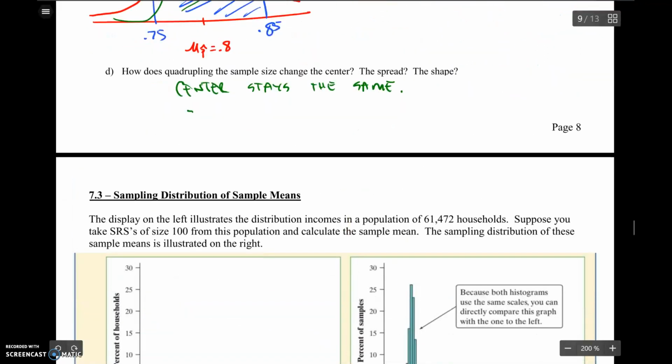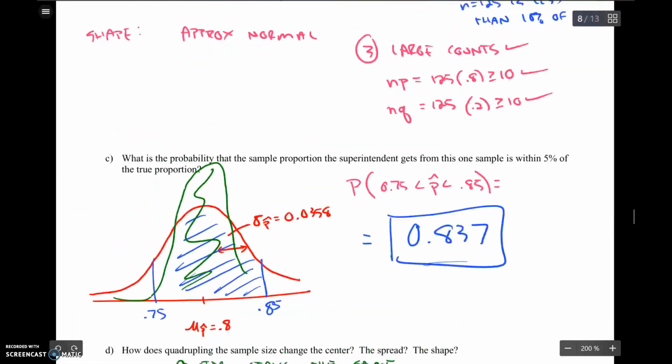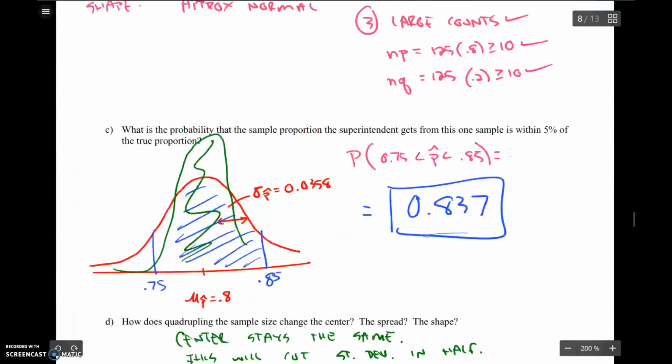I'm going to cut the standard deviation in half. So a factor of 4 will cut the standard deviation in half. And the shape's going to stay the same. Okay. All right, that's 7.2.